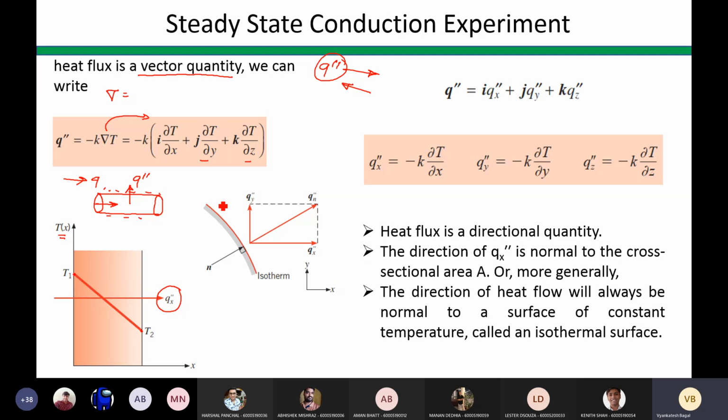Now how will you resolve this if you have this kind of surface, a curved surface? So this curved surface represents constant temperature. That's why I am calling this an isotherm. Isotherm means an isothermal surface, the surface which has got constant temperature. So this may be the temperature, let us say T, and now you want to find out what is the heat flux through this surface.